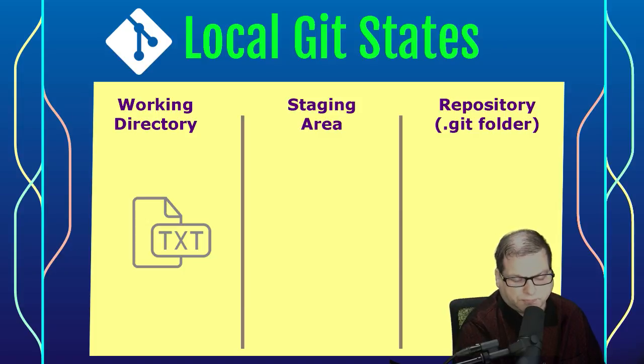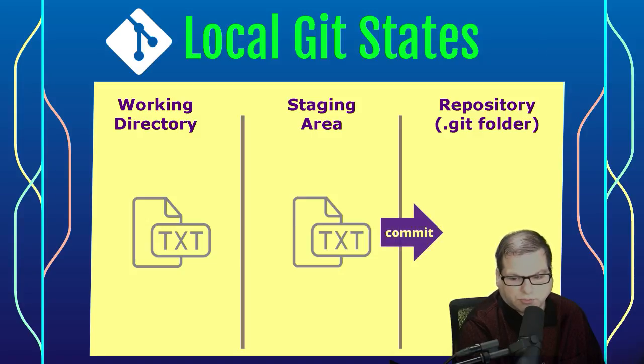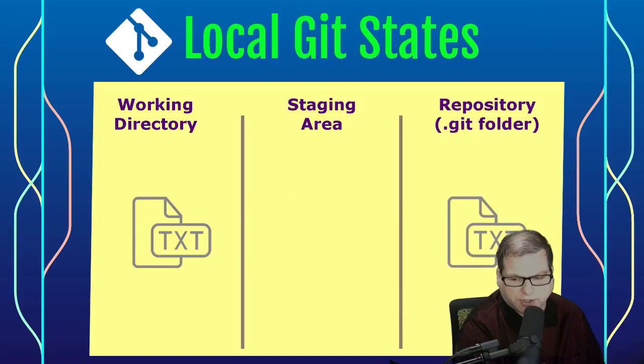So the files we can create or make modifications to that are within our project's folder. Then we're going to add those changes to our staging area. So at this point, they would be in both the staging area and the working directory. And then finally, we'll commit those changes into the repository. So everything in the staging area gets committed all at once in an atomic commit.